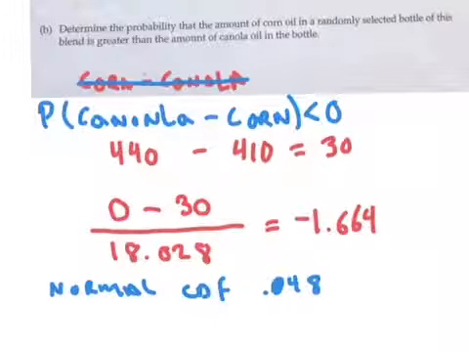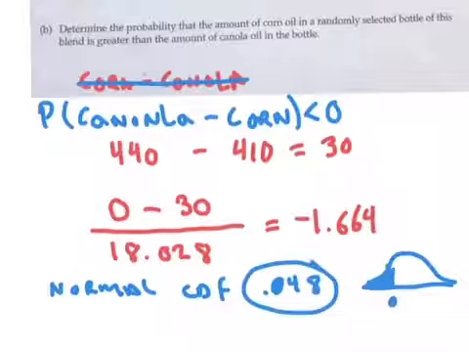Now, do we subtract that from 1? No, because we want to know if it is 0 or less, the area underneath the graph to the left side. So it's like 0 and negative stuff. That's the probability right there, and that's the answer to the question.